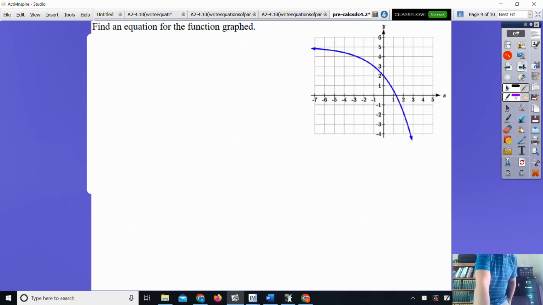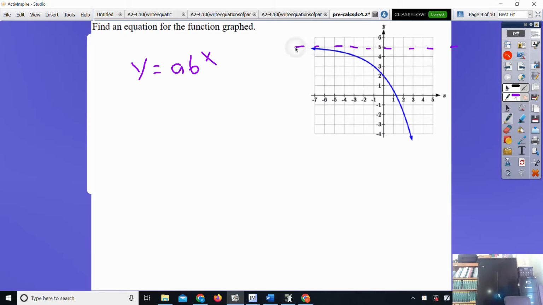What else? Find an equation for the function graphed. So think about the form we're using here. This is y equals ab to the x, that's all it is. I would start off with that. Is the asymptote 5, or can you assume it by looking at it?